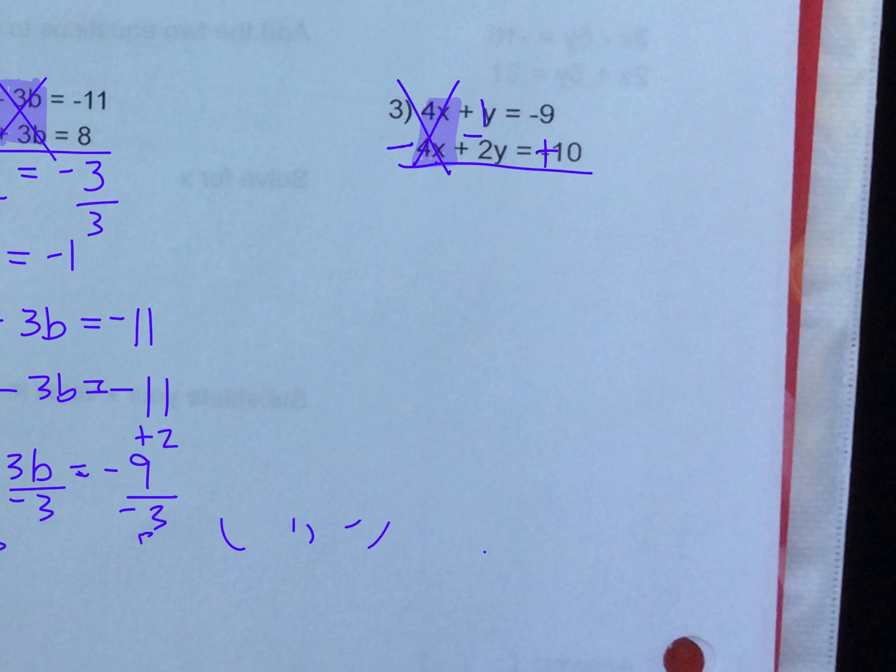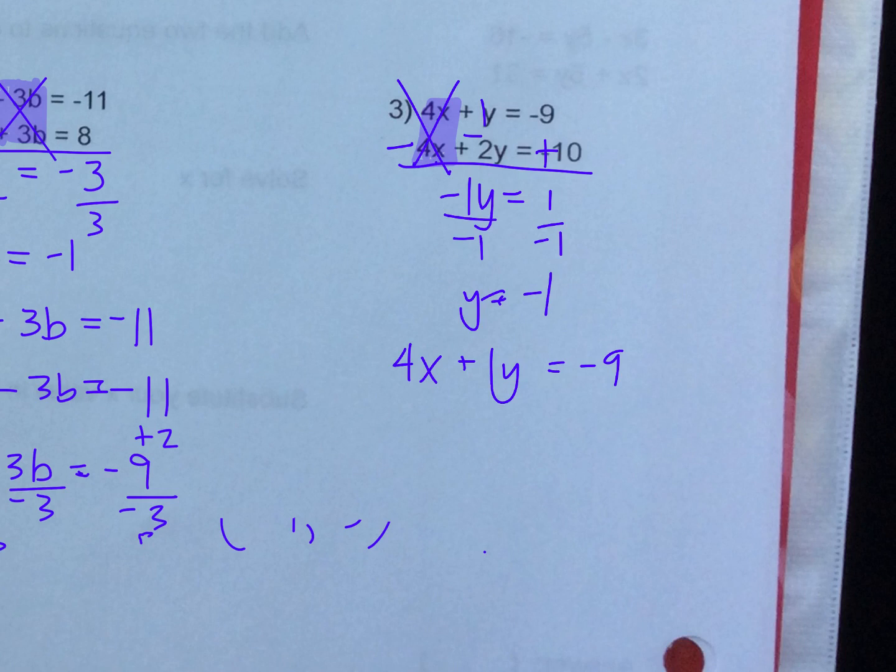That's what we wanted to do. 1 minus 2 is negative 1y. Negative 9 plus 10 is a positive 1. We're going to divide it by negative 1. Y equals negative 1. Now, let's go back and figure out what the x equals. 4x plus 1y equals negative 9.